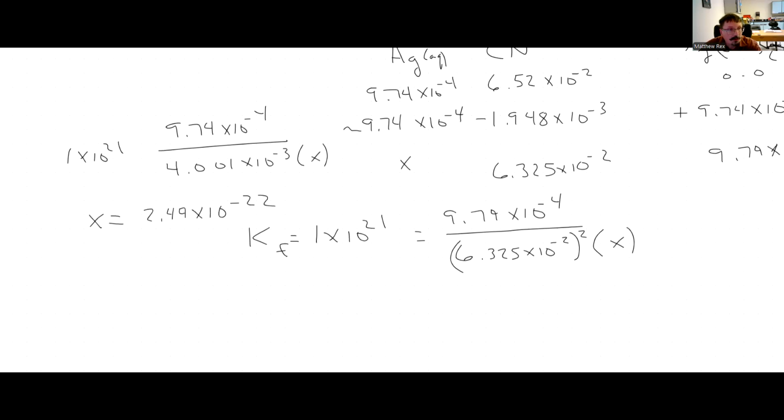So pretty small concentration, which is what we would expect with such a large formation constant. And there that is, yep, answer A. Okay.